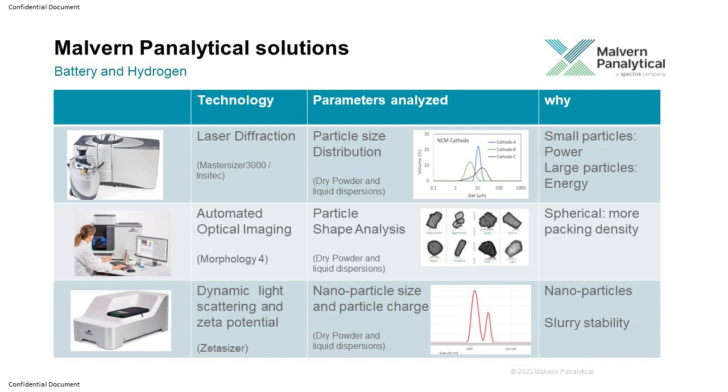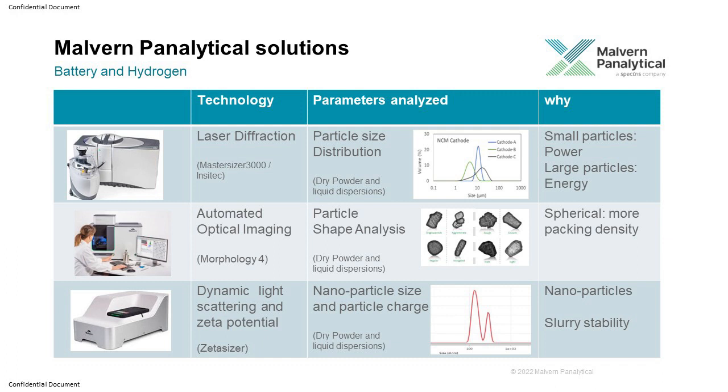If you have nanoparticles, then we have another technique called dynamic light scattering, which can measure nanoparticles better. Laser diffraction is more for micrometer particles, although it can measure from 10 nanometers to about 3 millimeters.